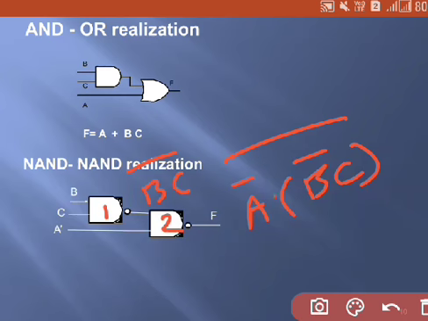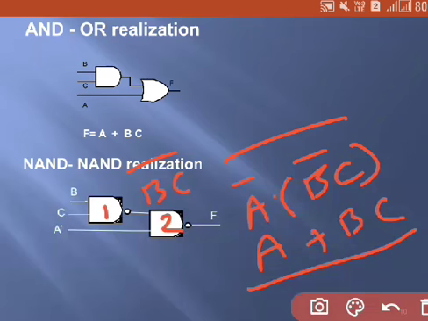This is of the form (A into B) whole bar, which is A bar plus B bar. That is nothing but A bar whole bar, which is A, plus BC whole bar whole bar, which gives you BC. So that's why I can say AND OR realization is equivalent to NAND realization.